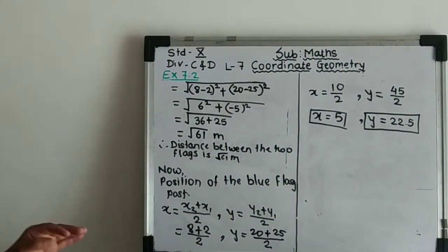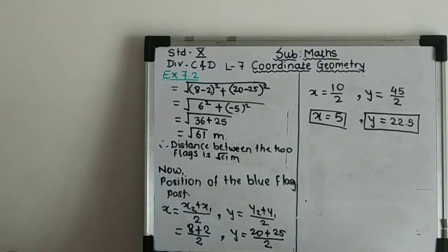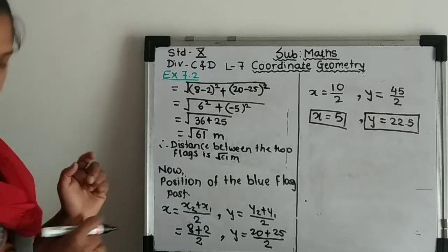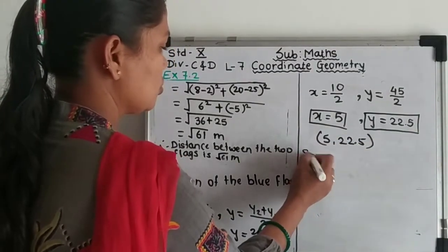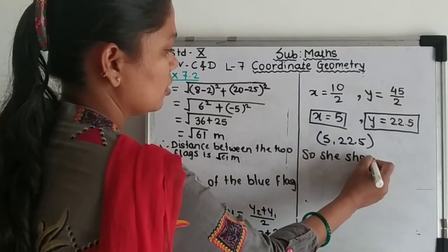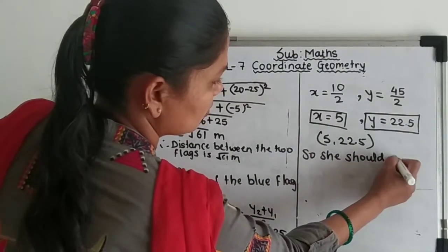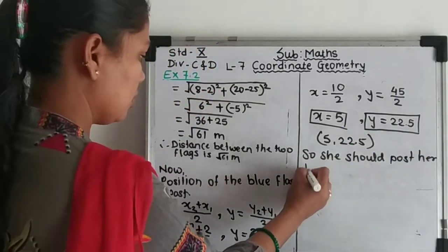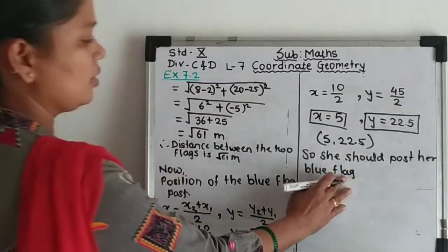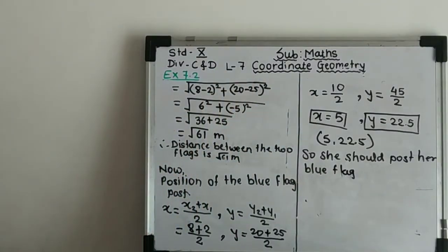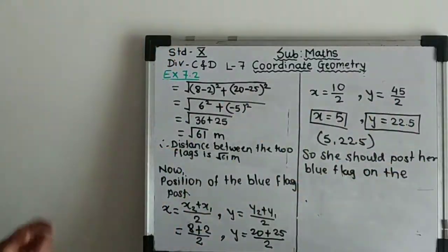So what is the position or the coordinates of it? So we will write here finally that she should post her blue flag on the position, which line?